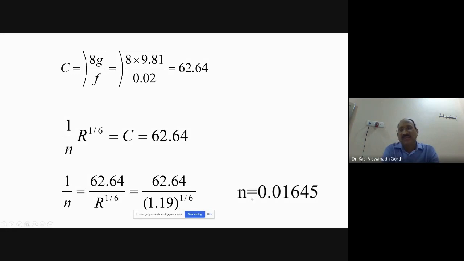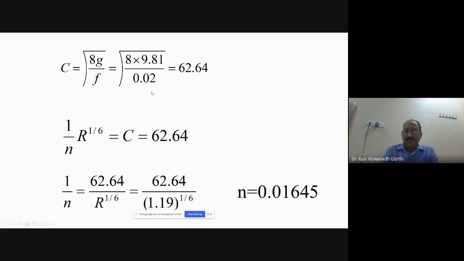Substituting, the value of n is 0.016 in this case. In the previous two problems we have got 0.02, 0.015, 0.018. Now it is 0.016. This is the usual range of the Manning's coefficient. So n value 0.016, Chezy's coefficient 62.64, and friction factor is given to be 0.02 already.